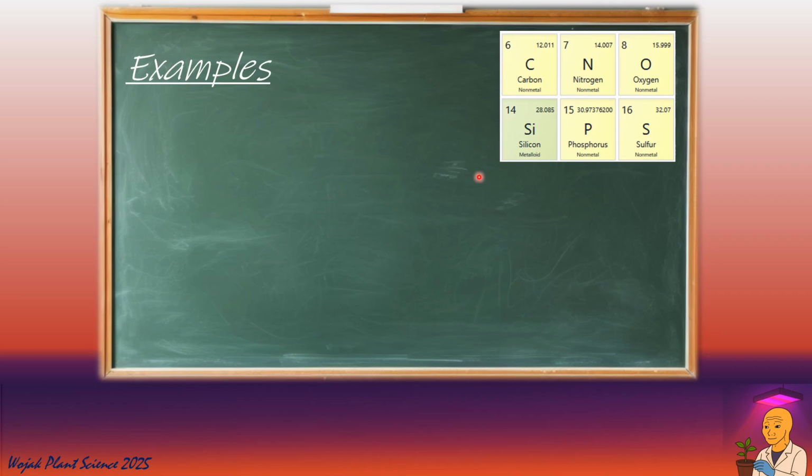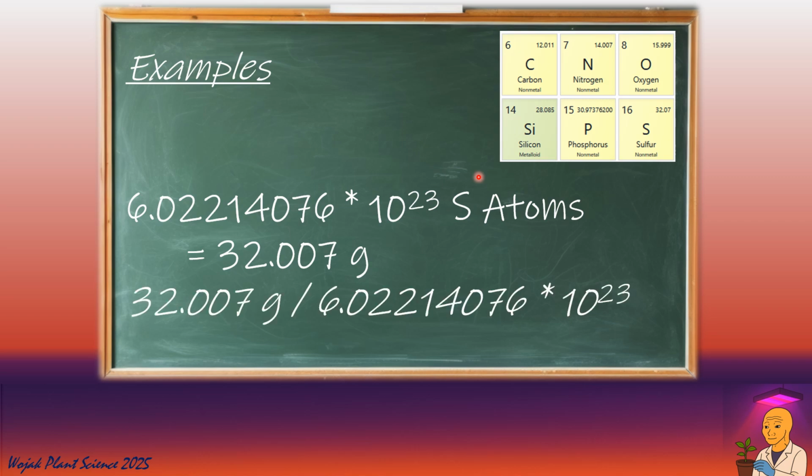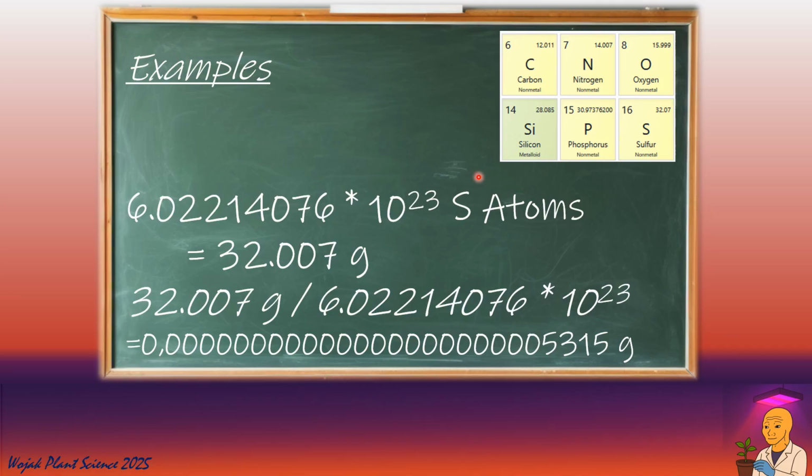So another example, sulfur atoms. We have 32.007 gram. And now we could, for example, also calculate the weight of one atom. We just need to do 32.007 gram divided by 6.022 and so on. Then we find out that the weight of one sulfur atom is very, very low.